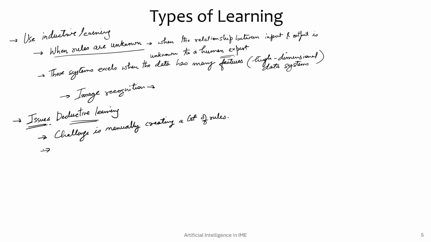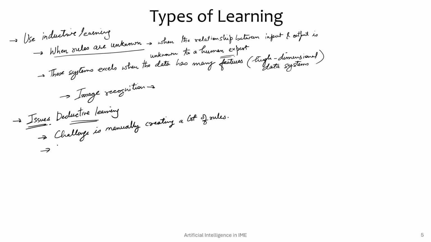Let's say you want to automate the complete work process of a lawyer in his firm. You need to create pre-configured rules for all the laws, and then the system will try to identify whether the law is broken or not. This is a very cumbersome task, to create pre-configured rules for all different kinds of combinations, right? So this is the first challenge of these kinds of learning systems.